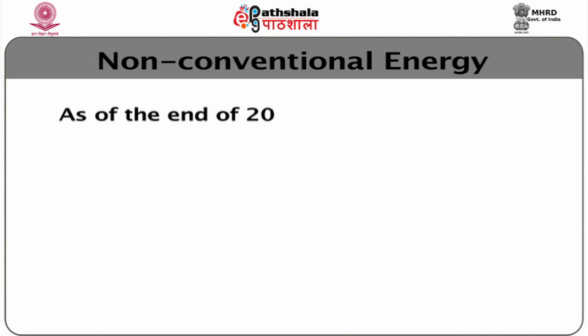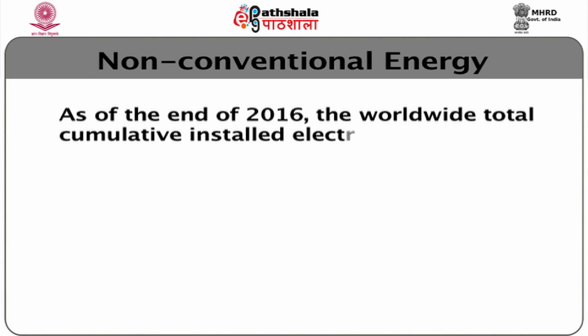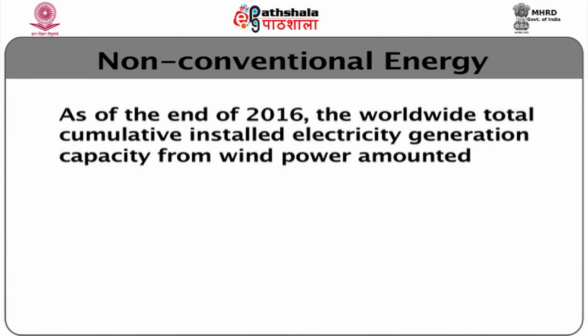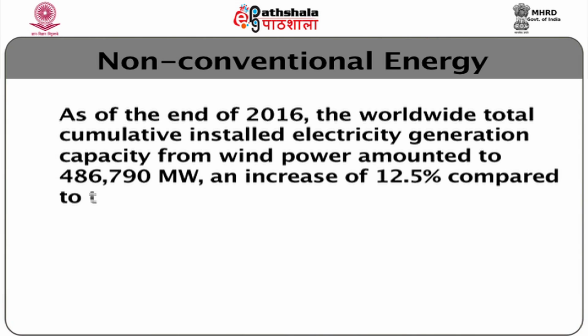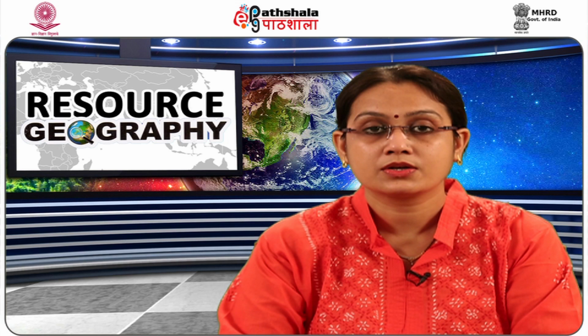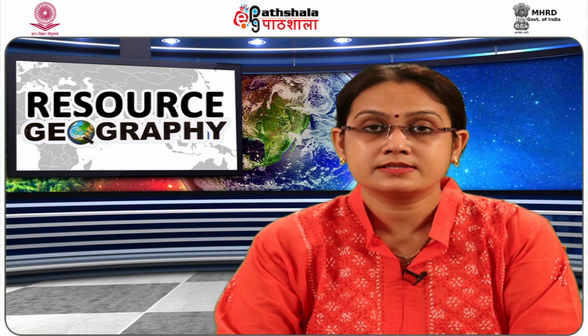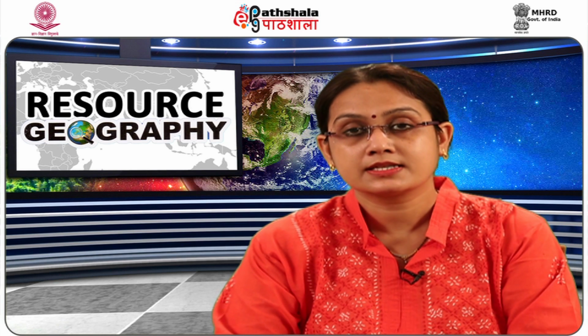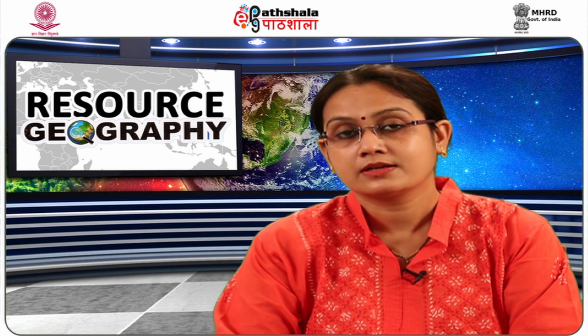As of the end of 2016, the worldwide total cumulative installed electricity generation capacity from wind power amounted to about 4 lakh megawatt, an increase of about 12.5% compared to the previous year. So, now let us talk about these energy sources one by one.